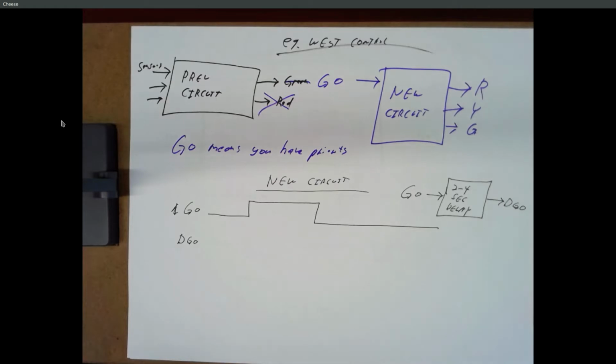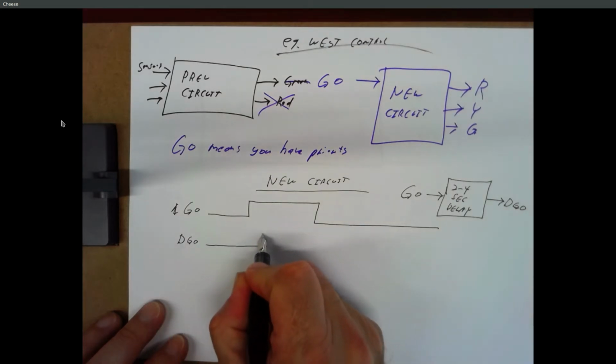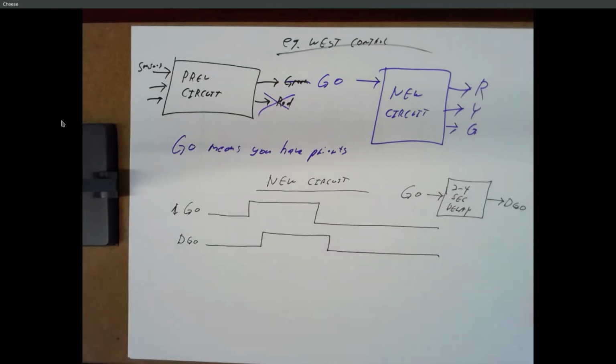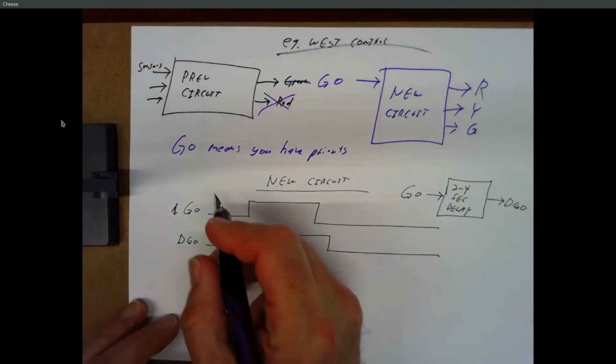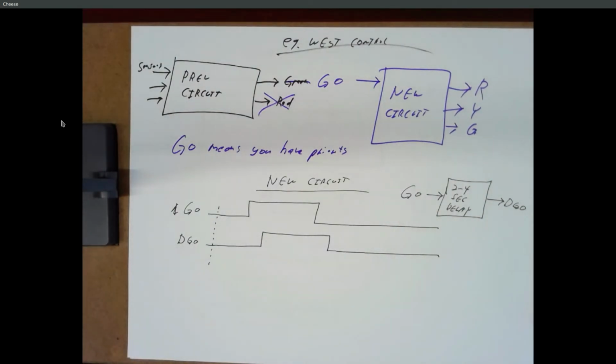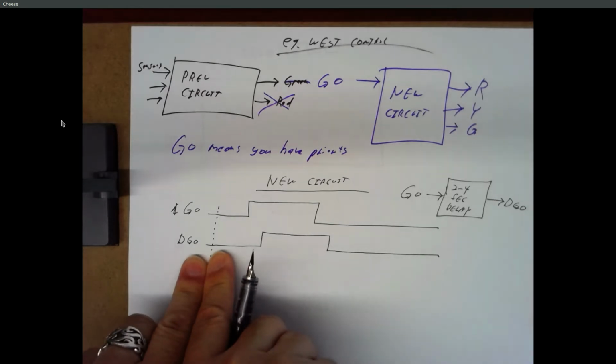Suppose your go signal is low, and then it eventually goes high, and then it eventually goes low again. And your delayed go copies this, but it has a delay. Your go signal is low, means you don't have permission to go. Your delayed go signal is also low, means that this is basically what your go signal was 2 seconds earlier. It's a delayed version of go.